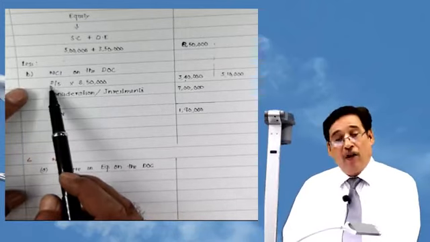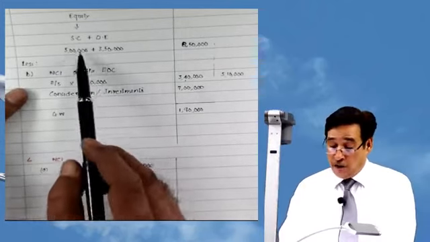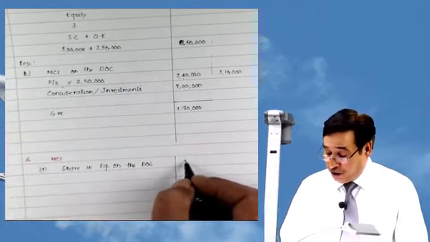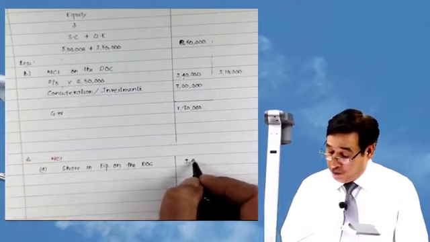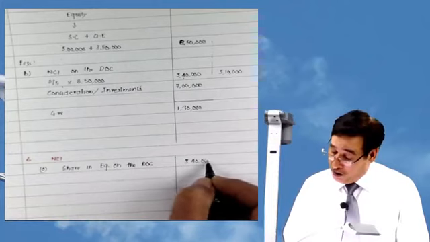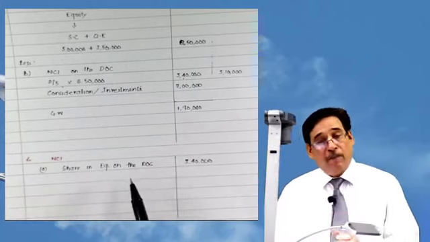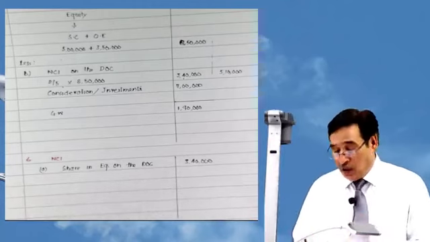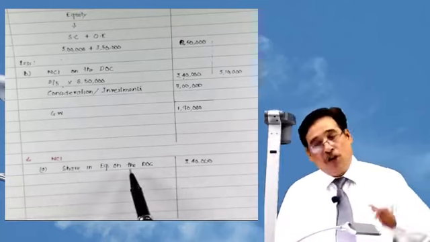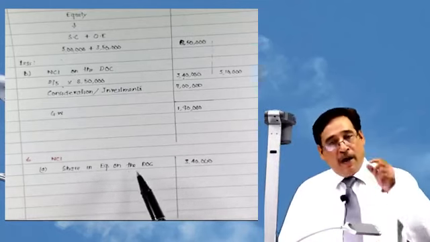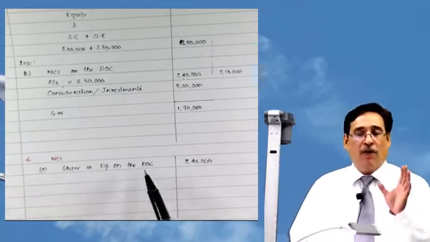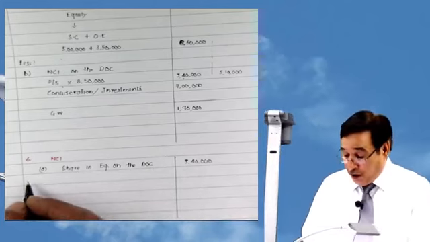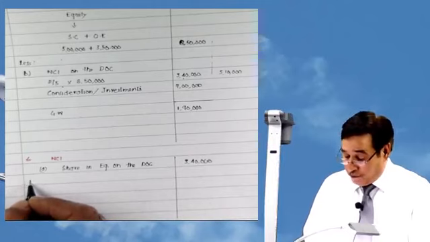We know that on the date of acquisition, equity is 8,50,000 and non-controlling interest is 3,40,000, so I will write 3,40,000. Remember one thing, equity includes share capital and reserve. It also means the stake of non-controlling interest in share capital and of course the profit existing on the date of acquisition, 3,40,000.